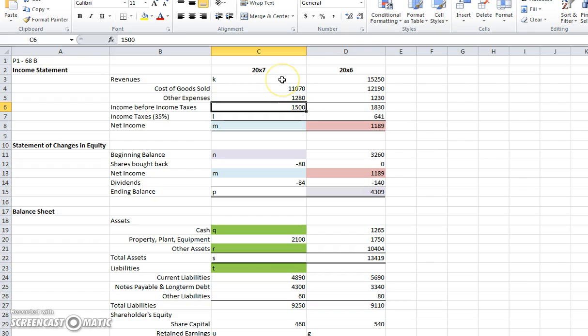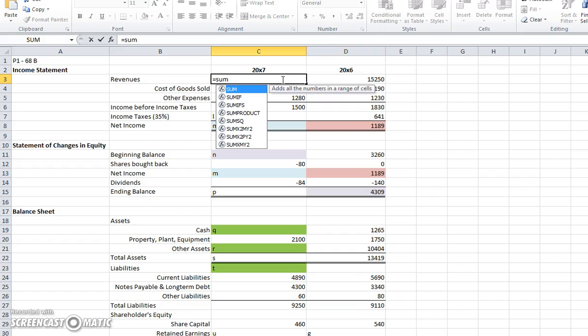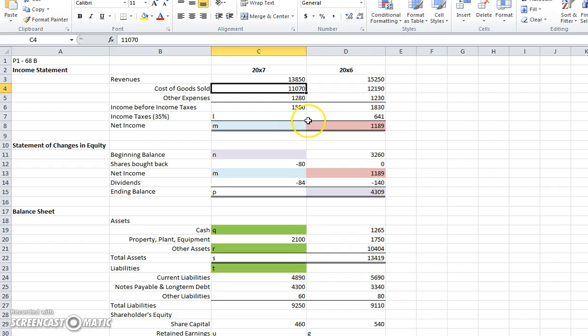To calculate it, let us sum up your cost of goods sold, which is sort of like an expense. So we get this figure of 13,850. If you look back here, there it is. So revenues minus all these different expenses gets you your income before income taxes.